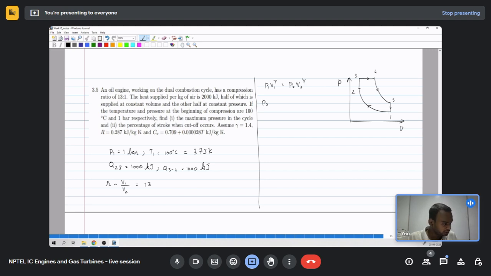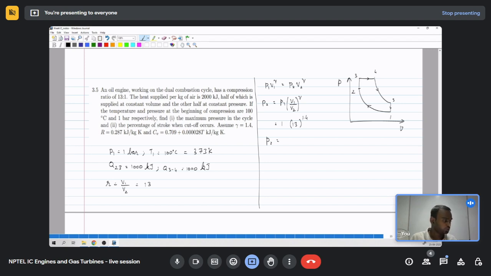So to calculate the second pressure, P2 is equal to P1 into V1 by V2 power gamma. P1 is 1 bar, compression ratio is 13 and gamma is 1.4.